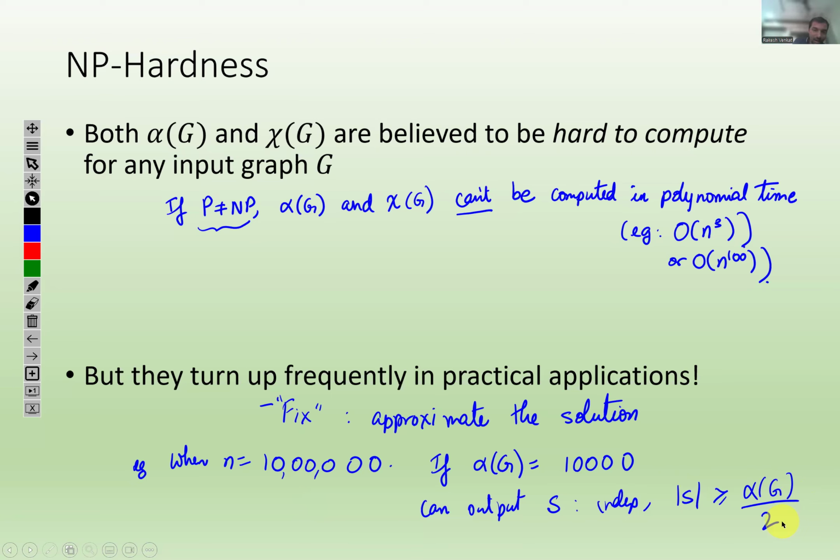Now, unfortunately, the bad news is that both alpha of G and chi of G are really hard. They are among the hardest problems computationally. In particular, to compute the maximum independent set, you cannot come up with anything close to even a half approximation, as this is called over here.